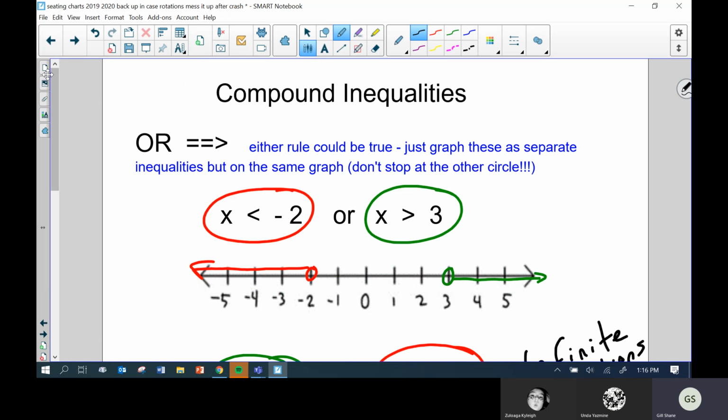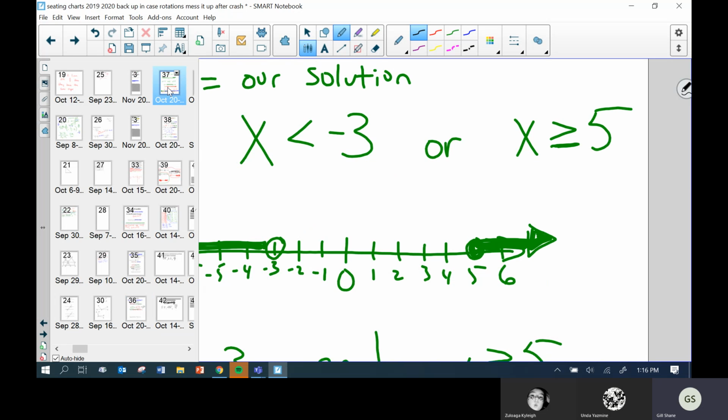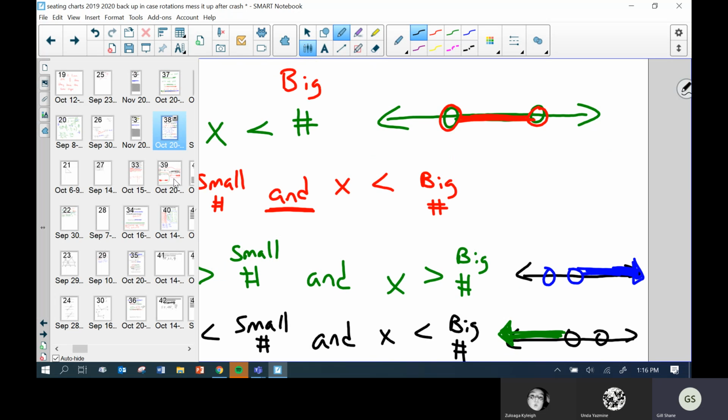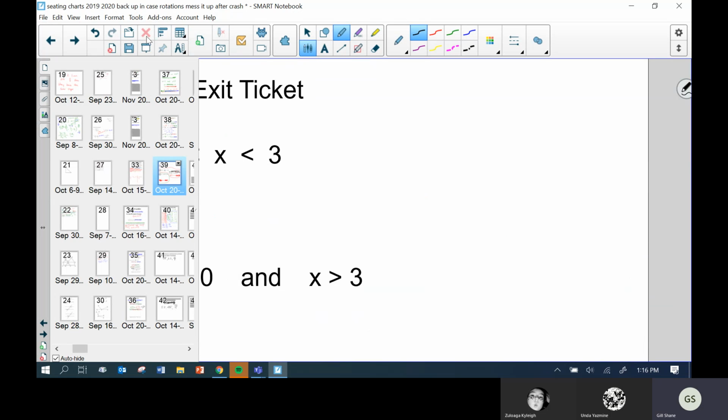Really driving me crazy here. Where is the exit ticket? Is that it? There we go. I'm going to get rid of all of that. Don't worry about it.